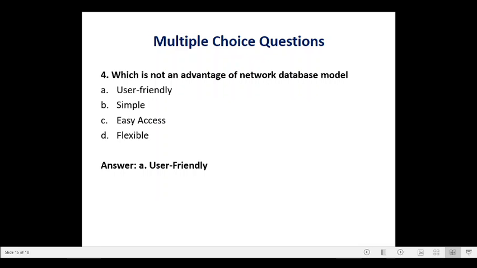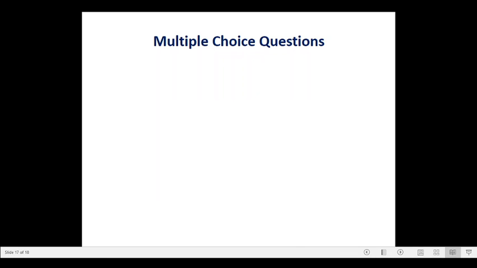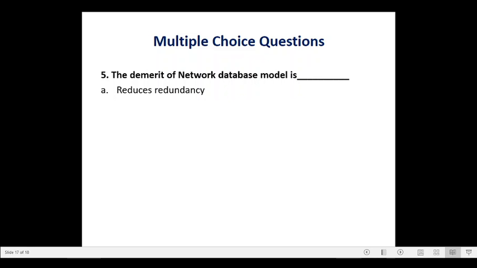That is because of the design, highly technical design. Let's see the next question. The demerit of the network database model is: reduces redundancy, it is faster, it's complex, none of the above. So it is complex. We know the database does not have structural independence, it is difficult to make structural changes, and it has system complexities.